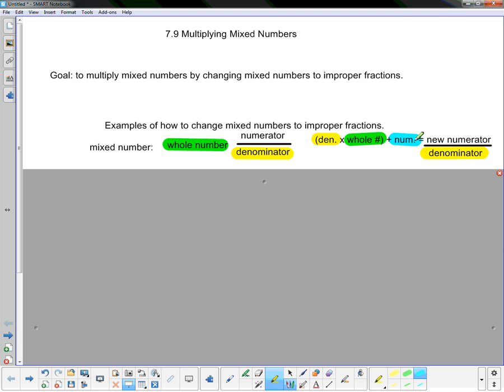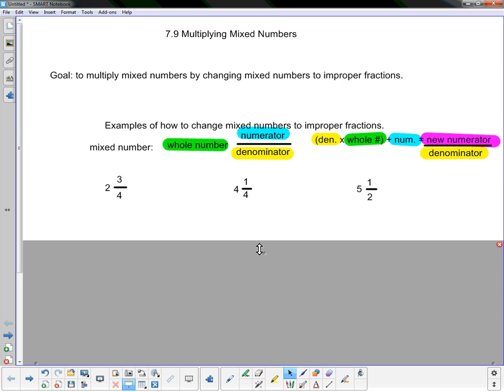And our numerator changes. So we have our numerator, and then we get our new numerator, which I'll put in pink because it's new. That's the thing that's changing. So we're going to follow this model today. Make sure that this is clearly written in your notes.